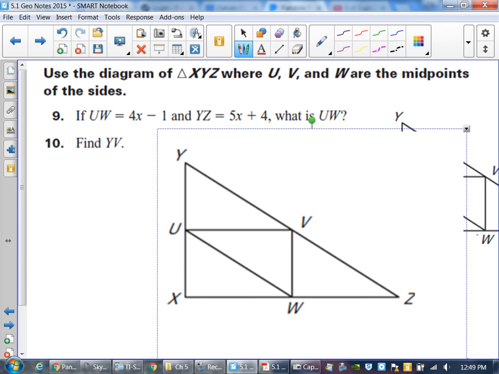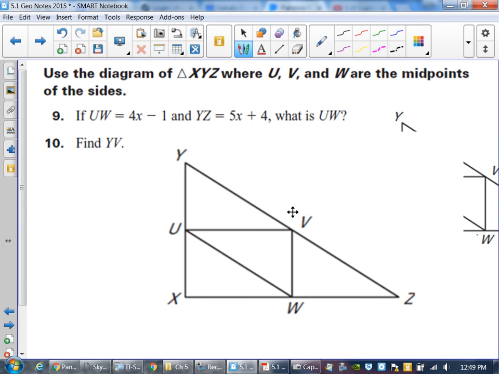We are told that in the triangle XYZ, you have midpoints U, V, and W. It then gives us some values.